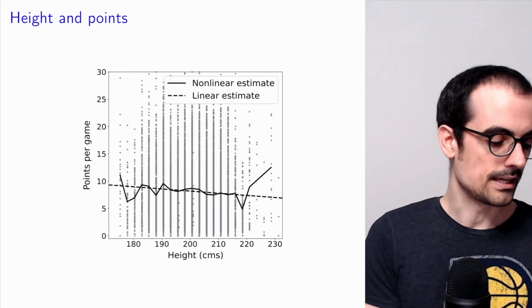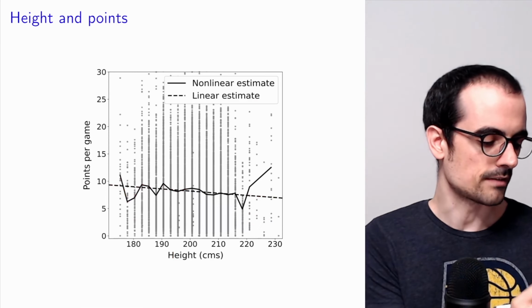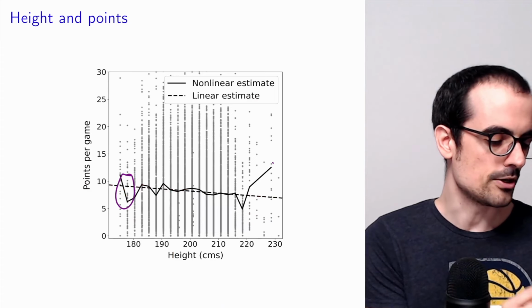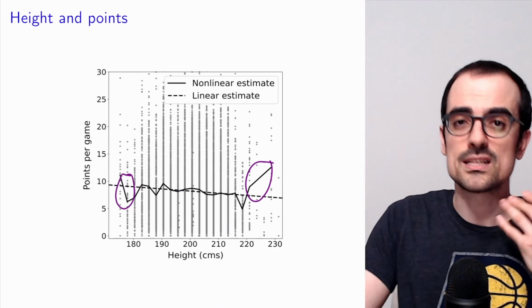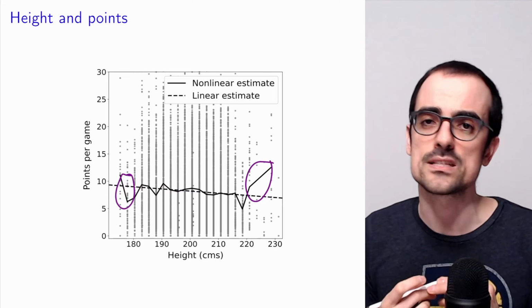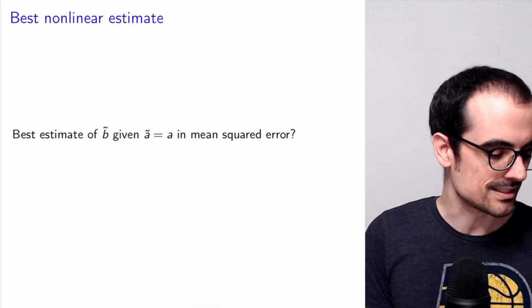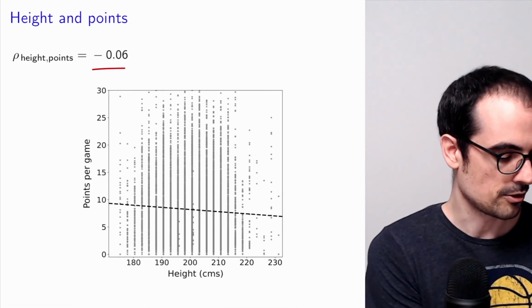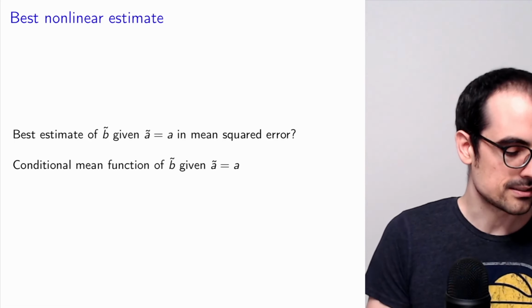All right, and here in points, we basically see again that the two estimates are very close, and we observe some noise in areas where we don't have a lot of data. So there's a trade-off here, right? The linear estimate gives us a very simple estimate that can be essentially summarized with a single number, which is great, and does not have that much noise. That's also great.